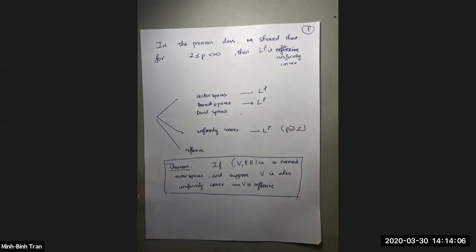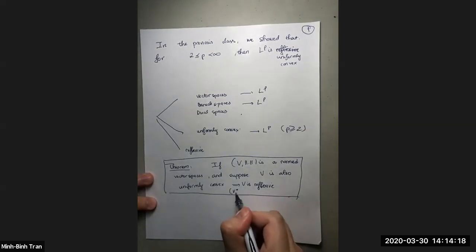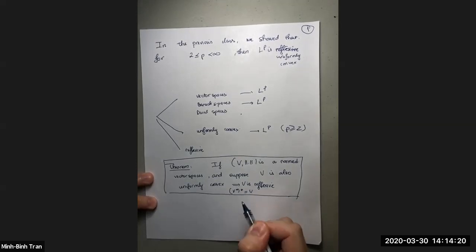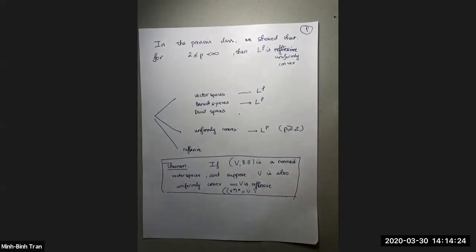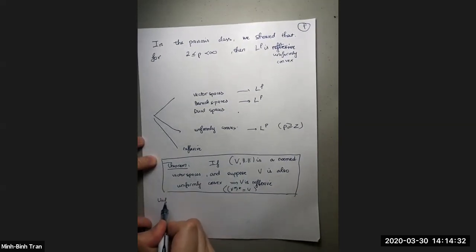All right, so basically, why do we need uniformly convex? Because from uniformly convex, you can deduce reflexive, and if you have reflexive, then the dual of the dual is this vector space itself, right? So basically, the nice thing about this theorem is, what is uniformly convex?